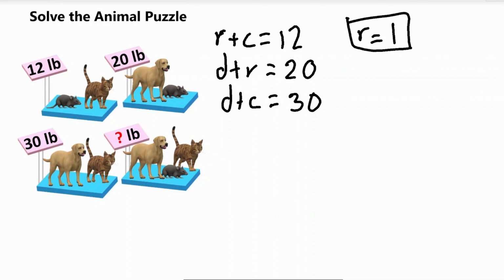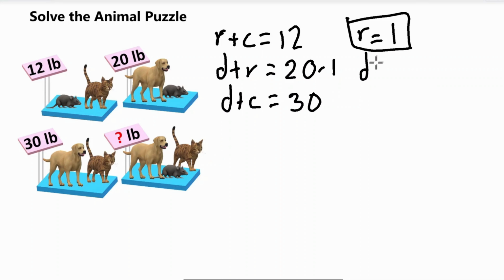Okay, so now as you can see, we've solved that the weight of the rat is 1 pound in this case. So now using this information, we can easily solve for the other two. Okay, so the dog plus R, or R in this case is 1, is equal to 20. So we just subtract 1 from both sides.